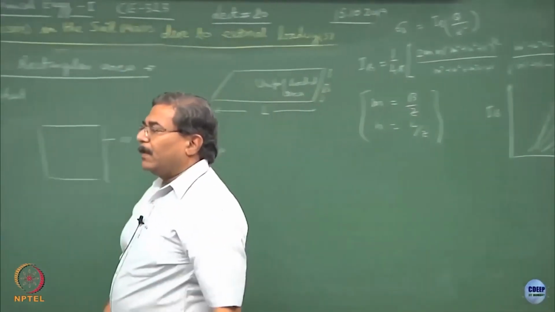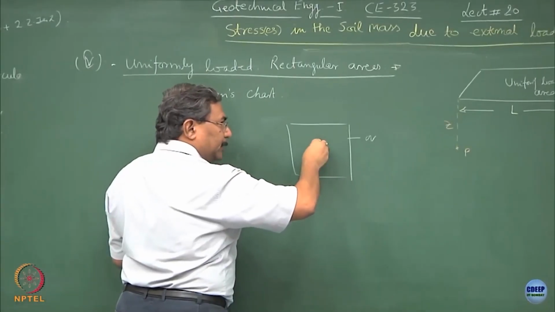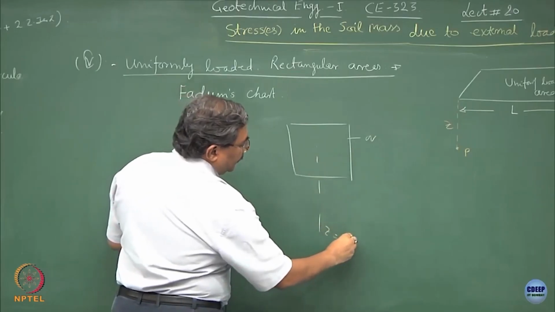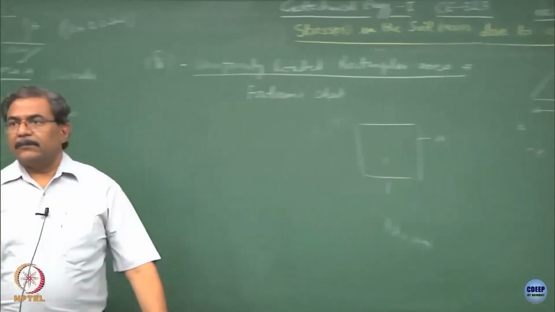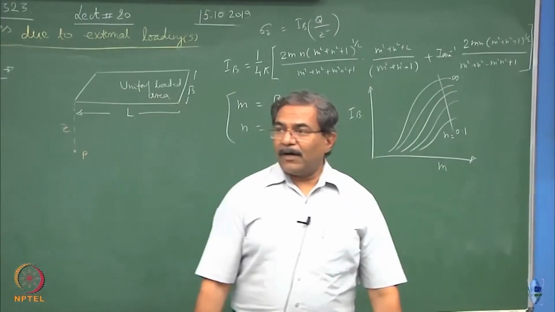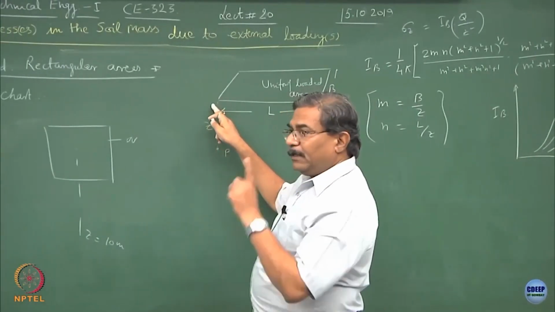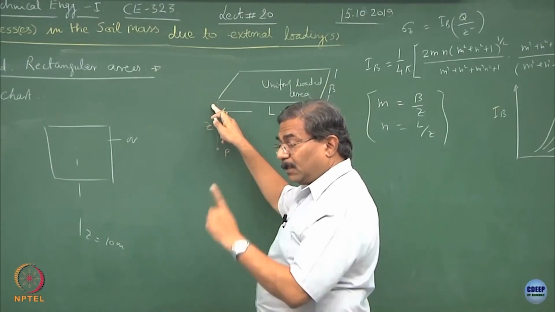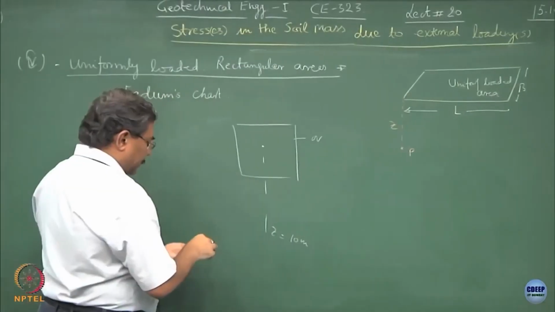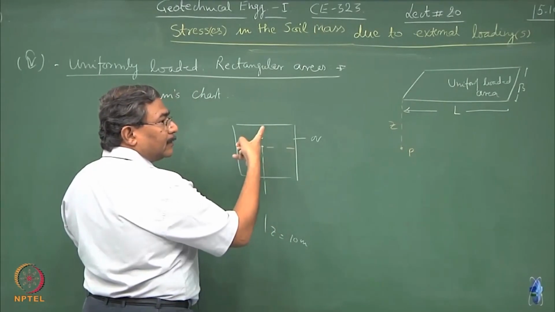Now, suppose I ask you to find out the state of stress just beneath the CG of this loaded area at a depth of, let us say, 10 meters. Can you use Fadum's chart? No is also correct, because it has to be just beneath the corner. So, what I can do is discretize this whole thing in such a manner that I will create 4 units out of it, clear.